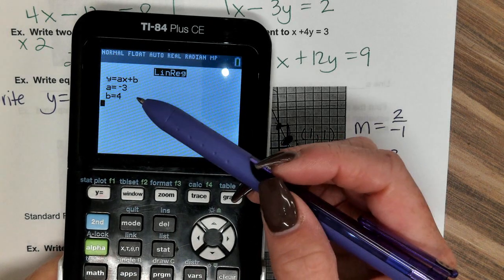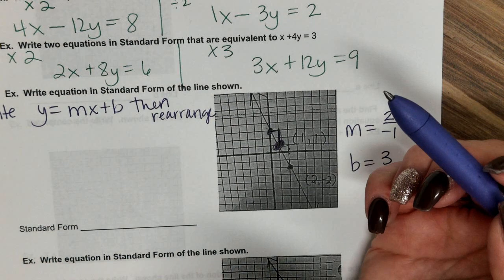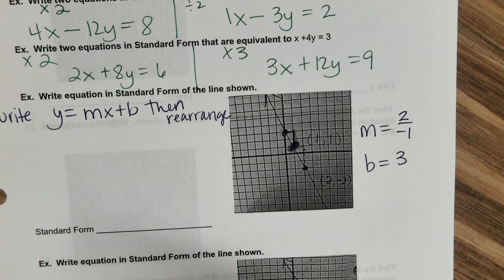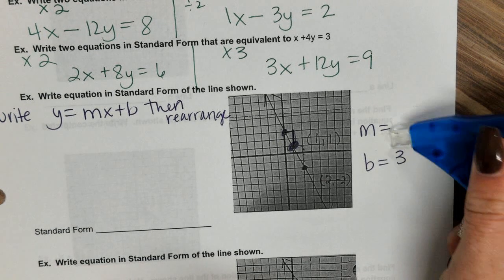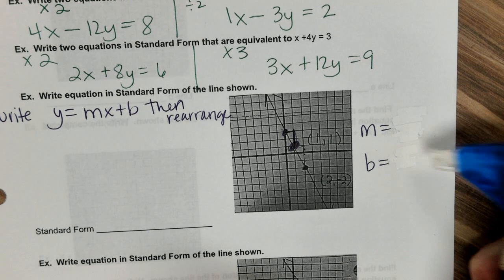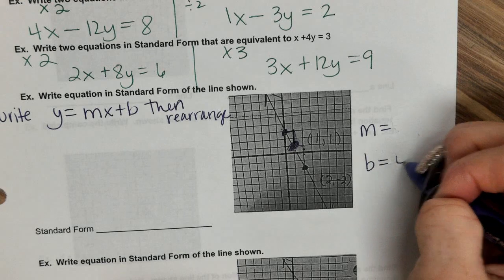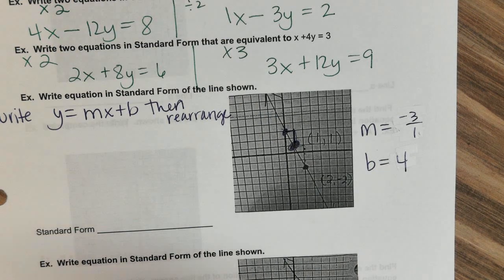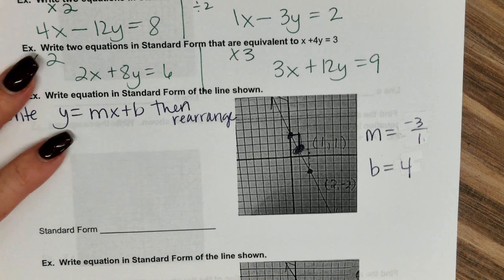All right, the y-intercept is 4. This whole graph is off, okay? So let's fix this. I promise this will not happen on your assignment. The y-intercept is 4, and the rise over run is -3 over 1. That was a horrible graph.